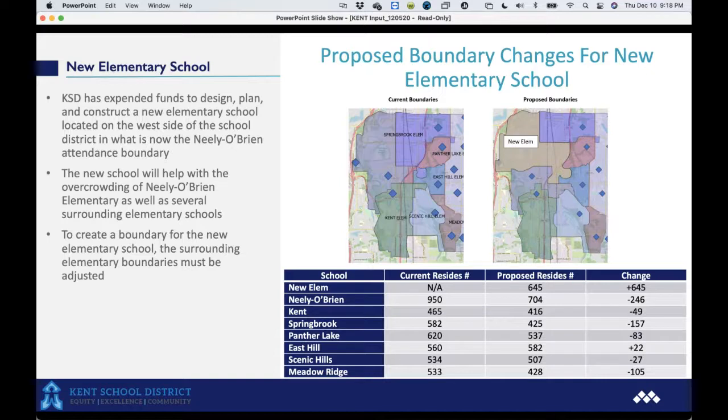That is considered a resides. The enrollment may be higher or lower depending upon students that live in that boundary that transfer to other schools, or from students that live outside that school boundary that transfer into that school. So I wanted to make sure that when I'm looking at these maps and these numbers, we're talking about the students that reside inside those boundaries.